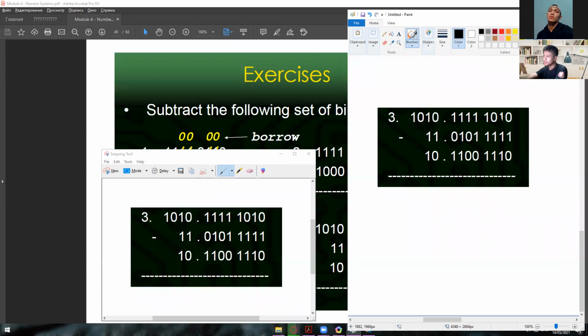So this one will become 0. Okay, let me just use the white one. 1 will become 0. And then this 0 right here will become 10. Okay, so now we can subtract 10 minus 1. 10 minus 1 is 1, minus 0 is still 1. All right, and then 0 minus 1 cannot be, so we have to borrow.